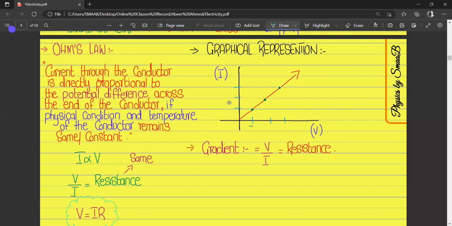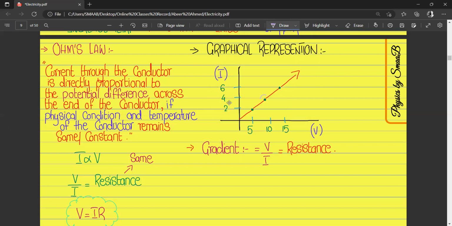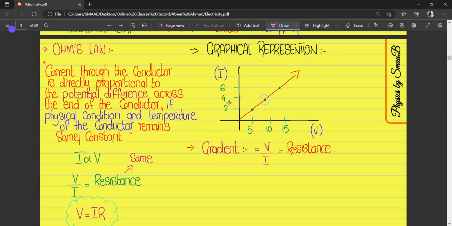Let's suppose if I mark values here, voltage is increasing with 5 and it is increasing with 2 here. So if you want to calculate a value of resistance over a point, what will be the value of resistance? 5? Oh, 4 over 10? So R is equals to 10 over 4 or 4 over 10? 10 over 4.